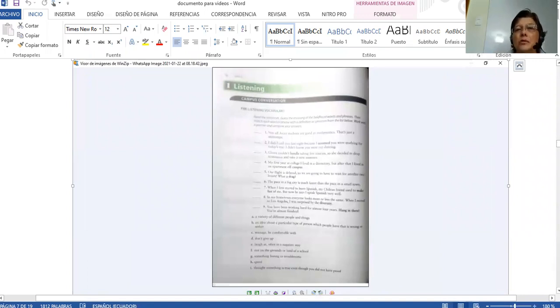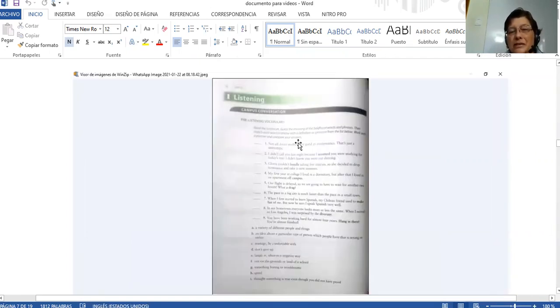So what they will need to do here is go ahead and read each sentence, and then they will have to find out the meaning through context. Now, it's going to be easier for them to know the meaning in advance, but of course, here the meaning is going to be different because it's a phrase. It's not just a single word, but a phrase that talks about the way the word is being used inside the sentence.